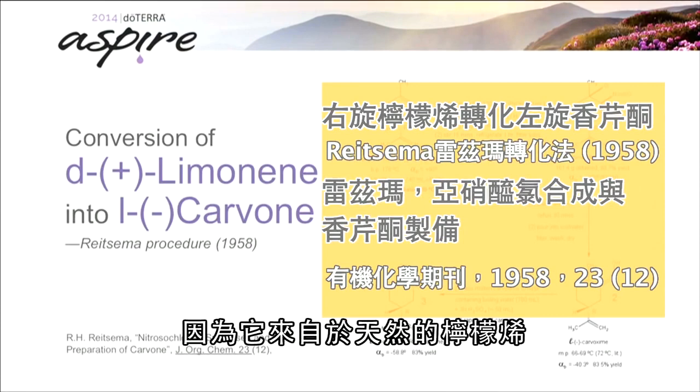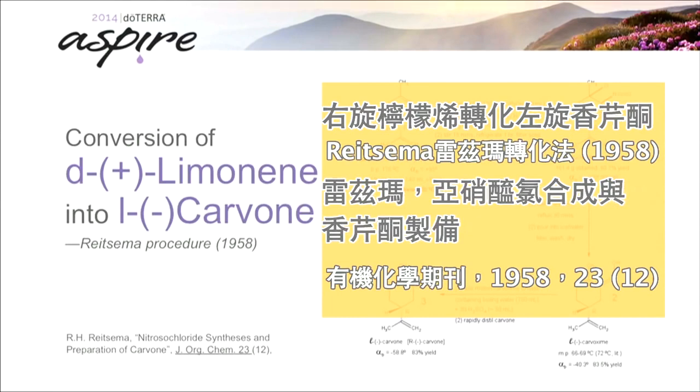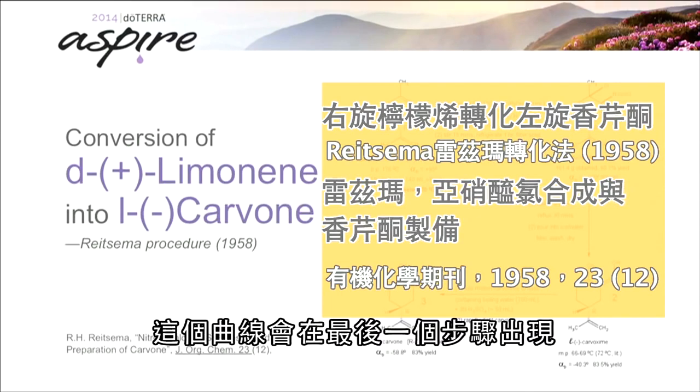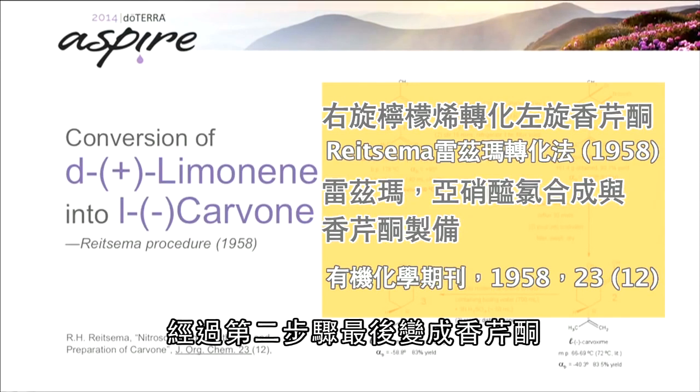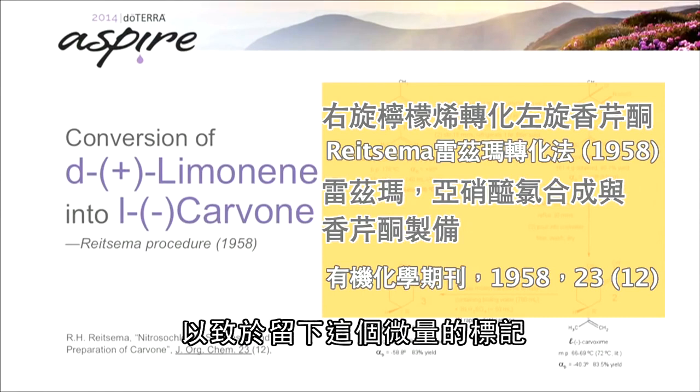Because it came from natural limonene. It didn't come from a petroleum source. It's only because we know that peak, and that peak occurs in that last step, going from that number 2, I believe, I can't really see it from here, over to the final carvone, there's a slight impurity that goes into a side reaction that leaves this little trace marker behind.